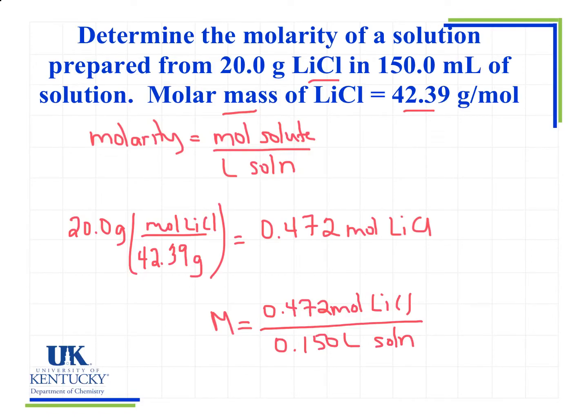So I really just had to find moles and had to find liters. So it's not always given to you in the units you need, so you might have to do a little bit of conversion. And what we get here is 3.15 molar lithium chloride solution.